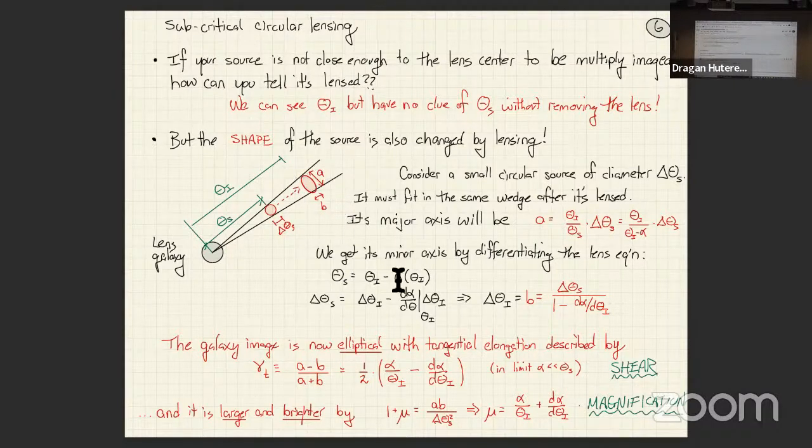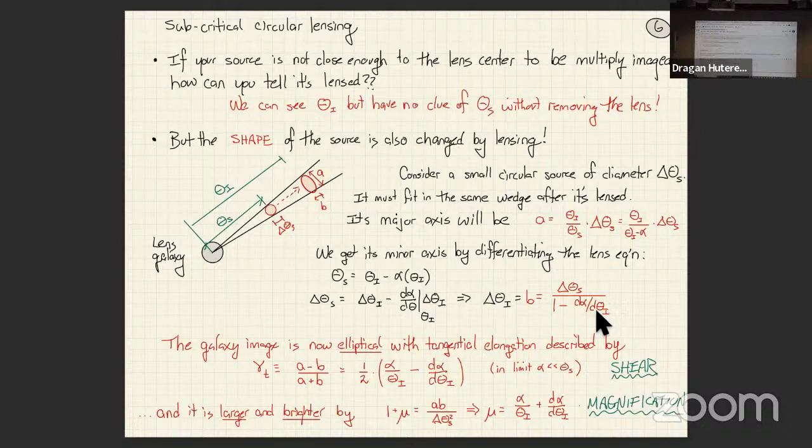So B, the minor axis of the image, is delta theta I, and it's related to the original size of the circular source in this way. Okay. So A and B, the major and minor axes of the image, are slightly different from what the original source galaxy had, whenever there is a deflection like this.